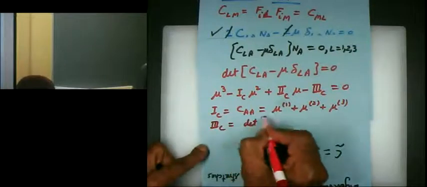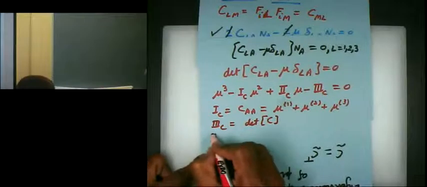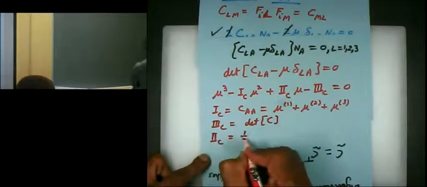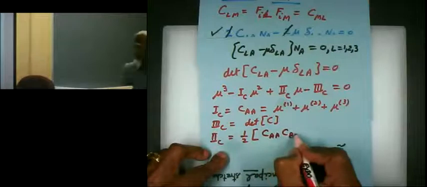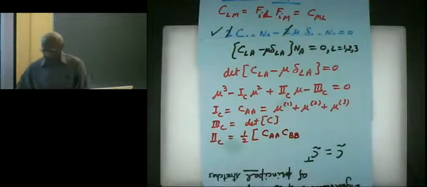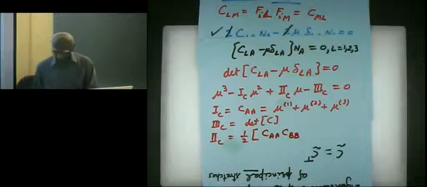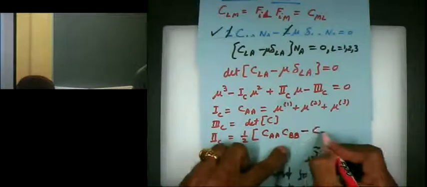I2 is 1/2, and I always forget about the sign, CAA CBB minus CAB CAB.